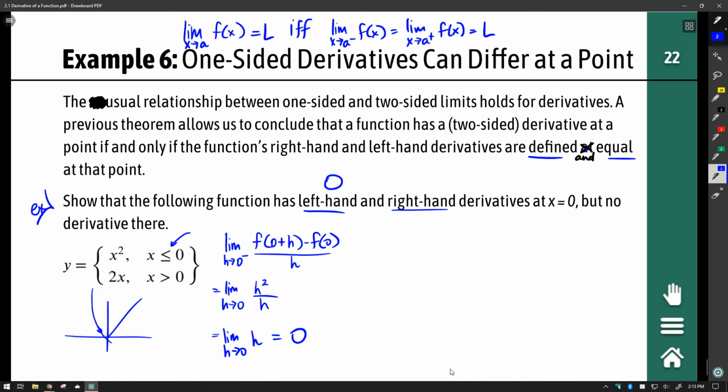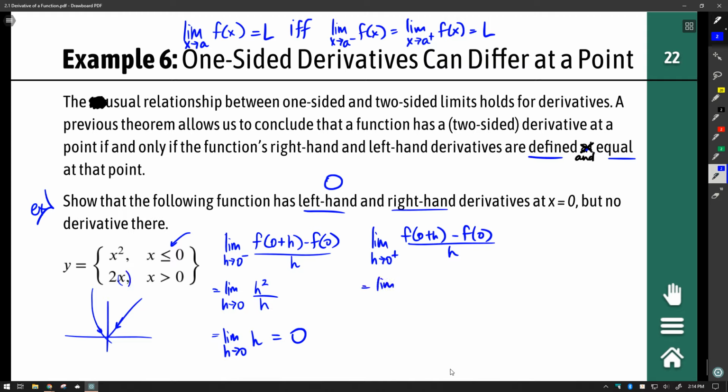Well, what about a right-hand derivative? So coming in this way, let's take a look at that derivative. So the limit as h goes to 0 from the right of f of 0 plus h minus f of 0 all over h. So if we plug in 0 plus h to this function right here, we get 2h.